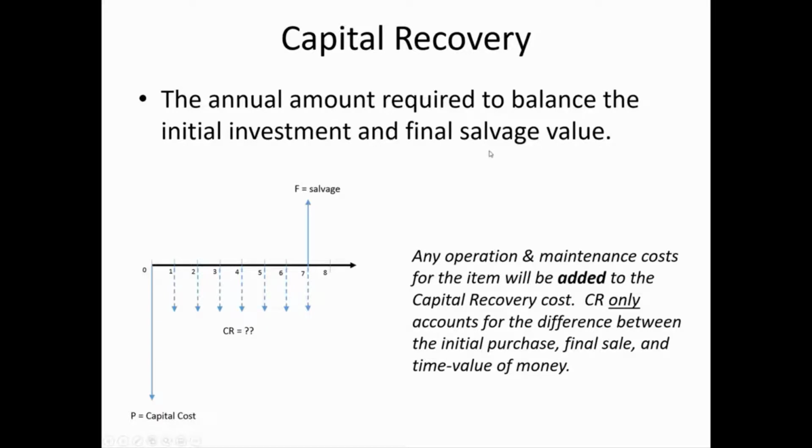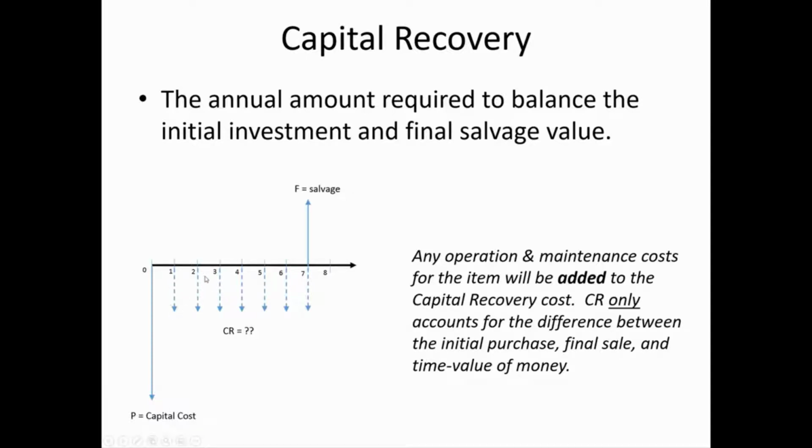What capital recovery accounts for is the difference between the capital cost and the salvage value, and then it's spreading the difference out over the time in between. To calculate the capital recovery, you would find A given P, and then you would also find A given F, and then it will be the difference between the two.